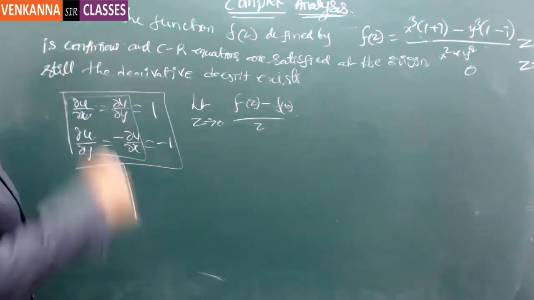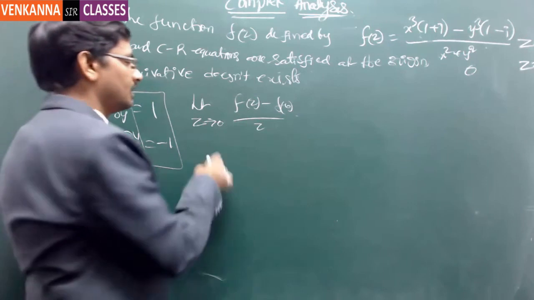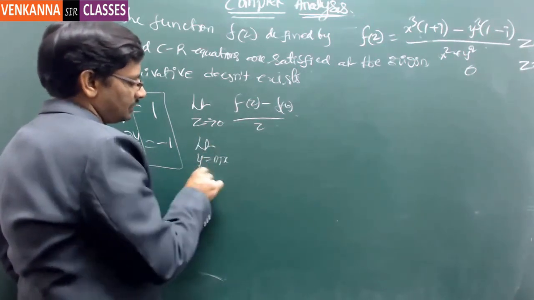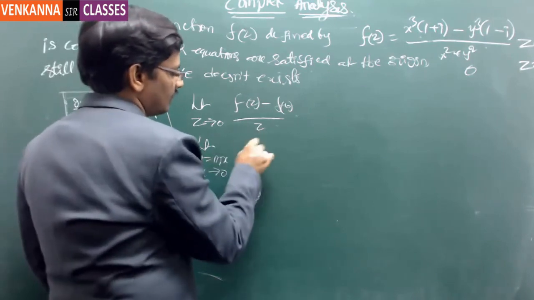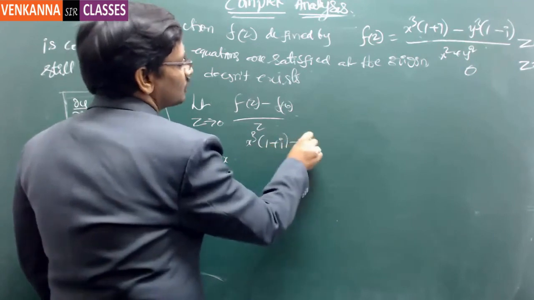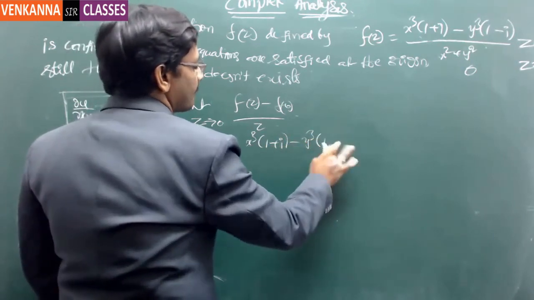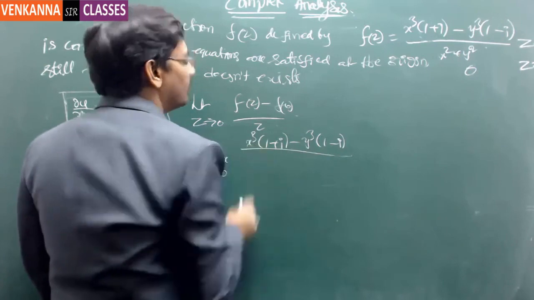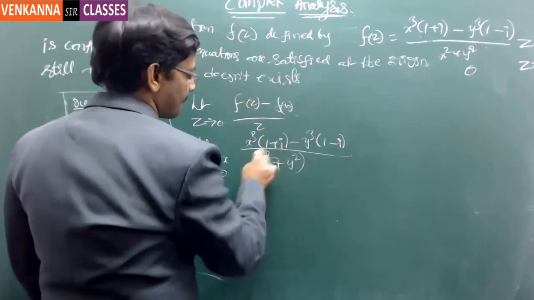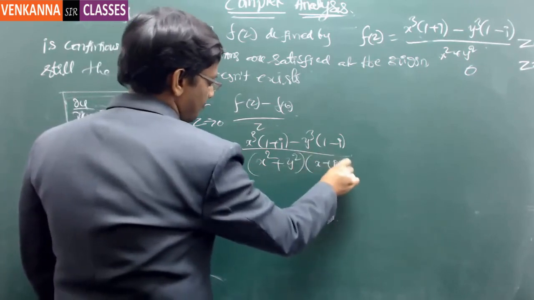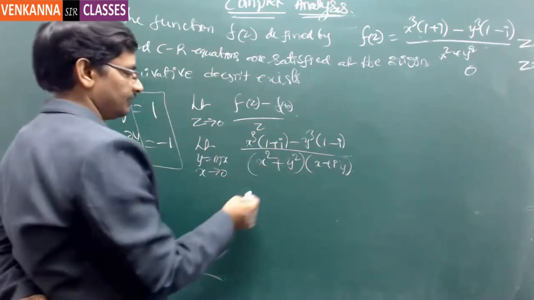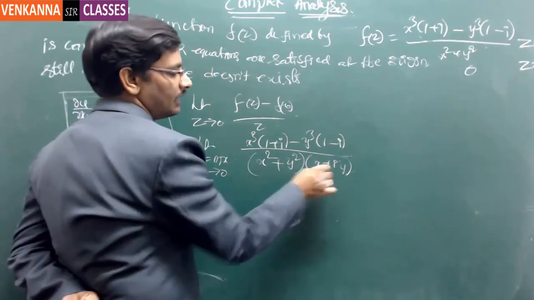So f of z value is there. Now take one particular case wherein y is equal to mx path and x tending to 0, and f of z can be replaced with x cube into (1 plus i) minus y cube into (1 minus i) divided by (x square plus y square) into (x plus iy). Now y is equal to mx, you replace it, and then x square and x will come out.